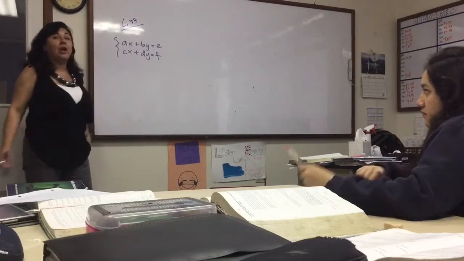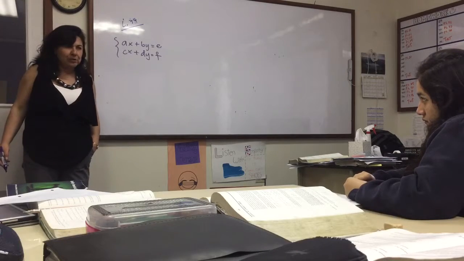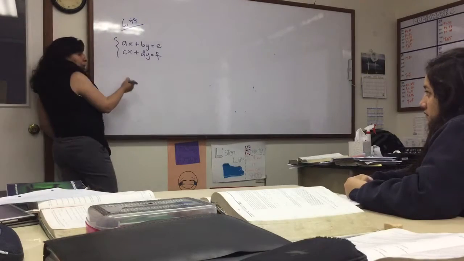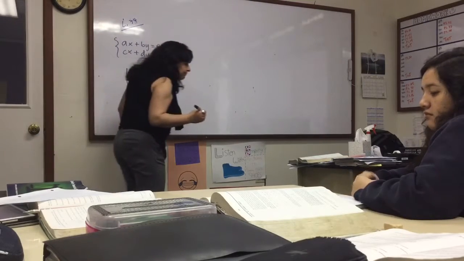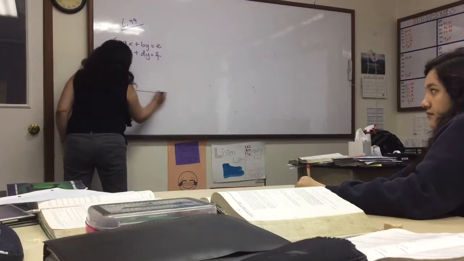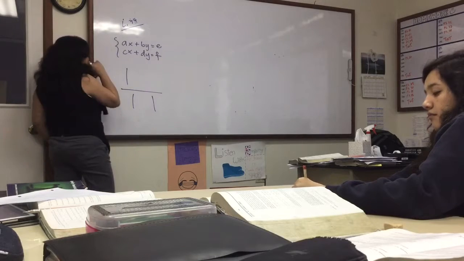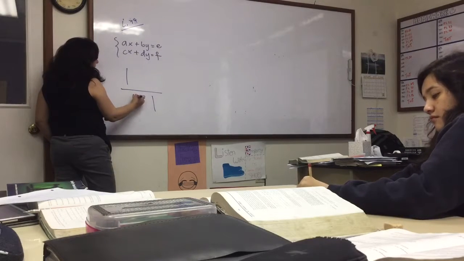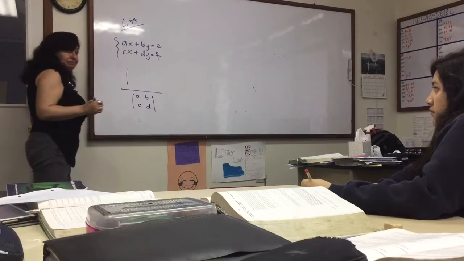If you take something called a determinant, or if we put it in a matrix. Did we see matrices already? We did. So I'm going to put it in a matrix, okay? Do you remember when we saw the determinants? Mm-hmm. I'm going to have the determinant of this one, and the determinant is going to be A, B, C, and D, correct?